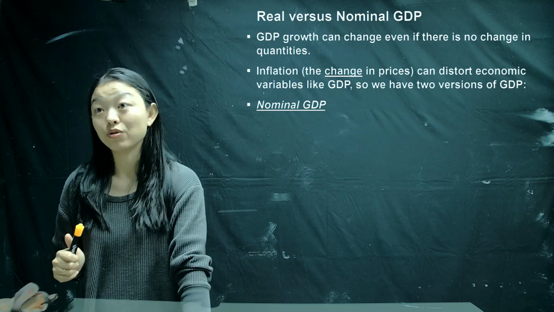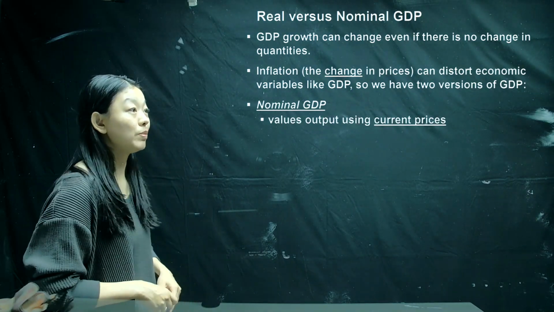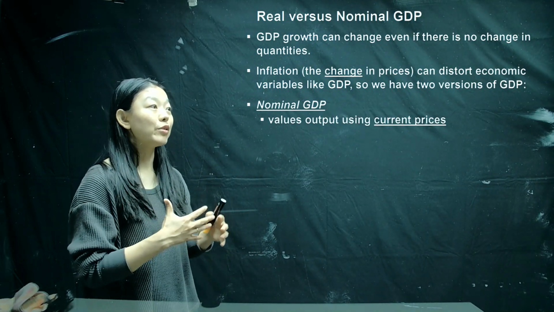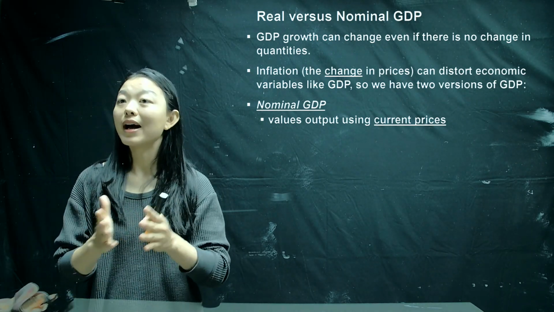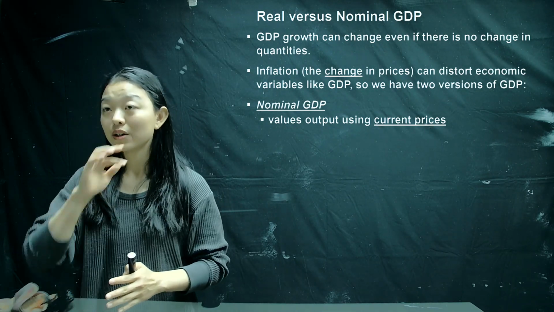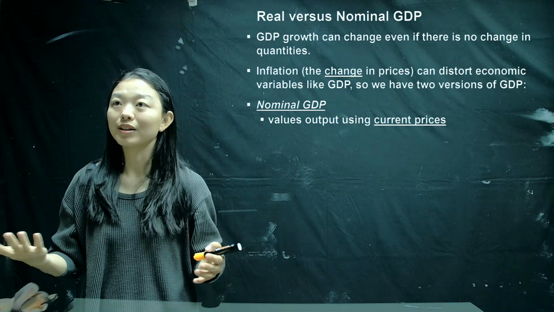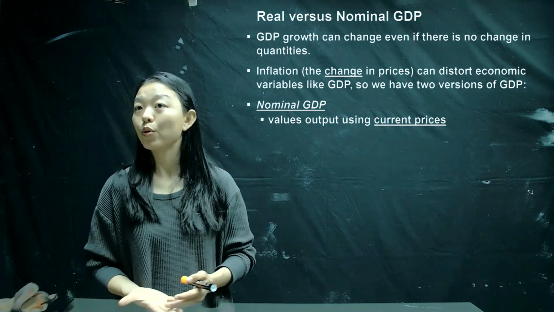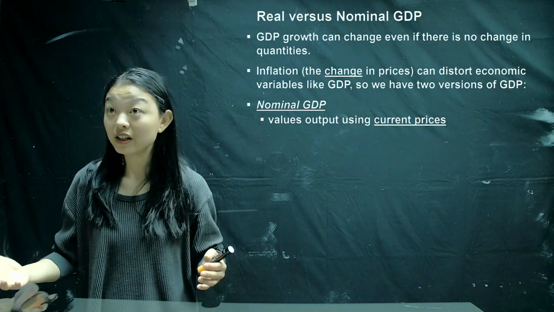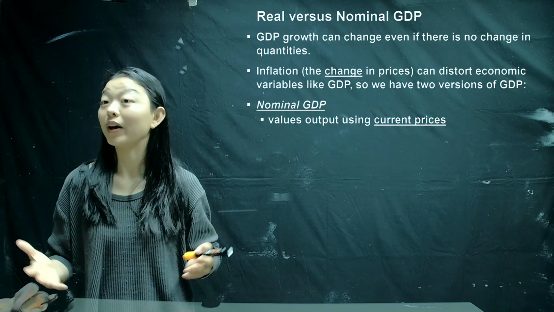One is nominal GDP. Nominal GDP means we value the output using the current prices, which means if we want to value the output for 2018, we use 2018's price. If we want to value the output in 2019, we use the prices in 2019.